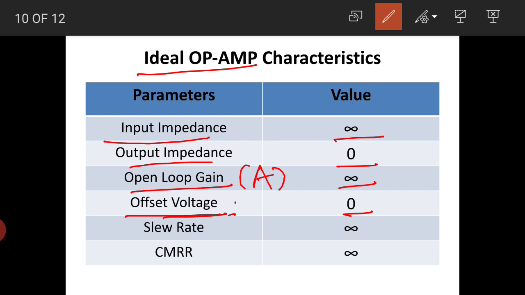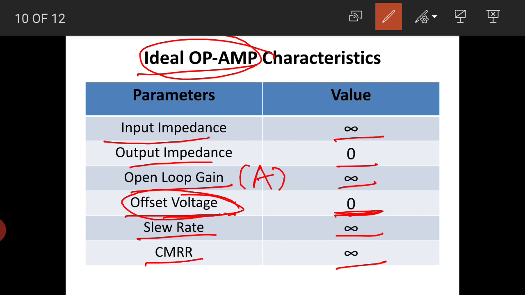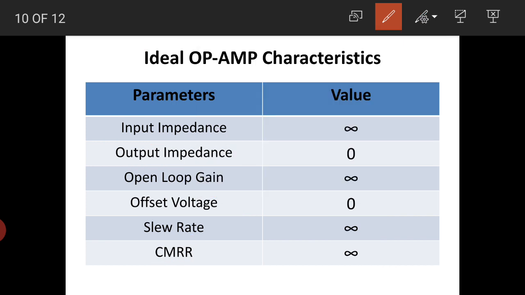If no input is provided at the input terminals but there is still some output voltage, then that voltage is known as offset voltage. But for the ideal op amp, this offset voltage will be equal to 0, because for no input there should be no output, and slew rate should be infinite, and CMRR, common mode rejection ratio, should be infinite.